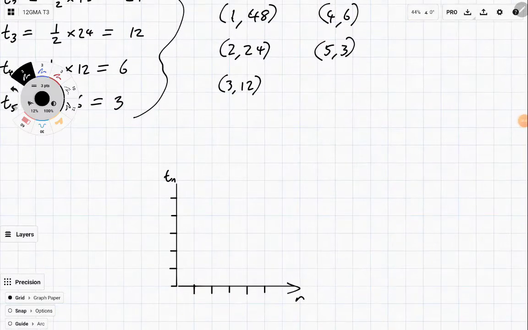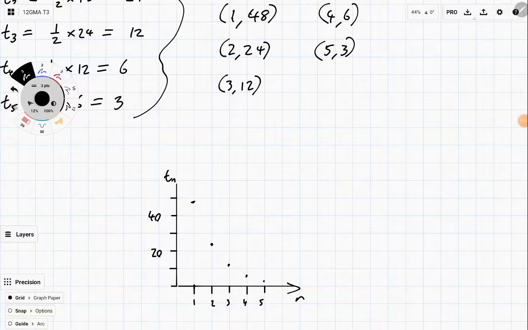And so we get 1, 48 right up here, 2, 24, 3, 12, 4, 6, and 5, 3.